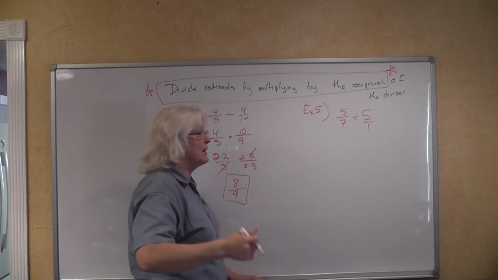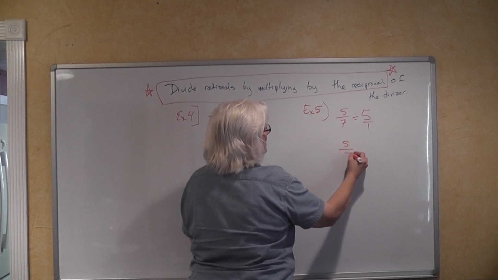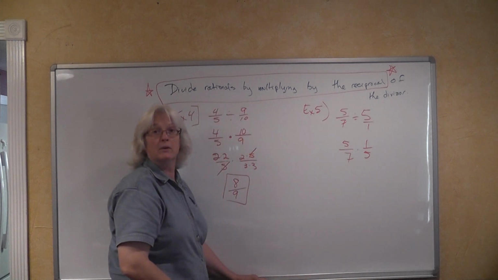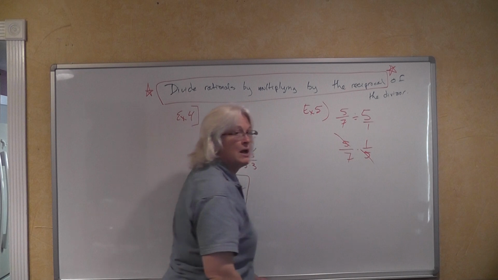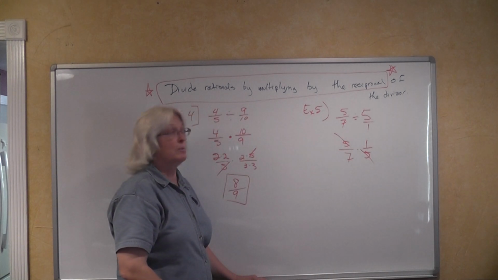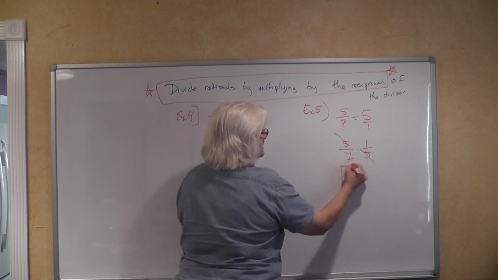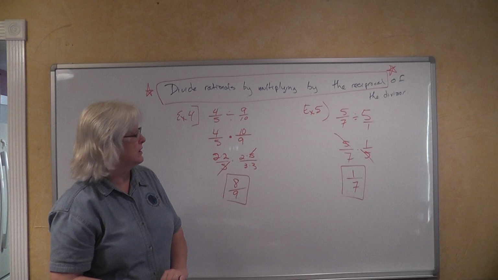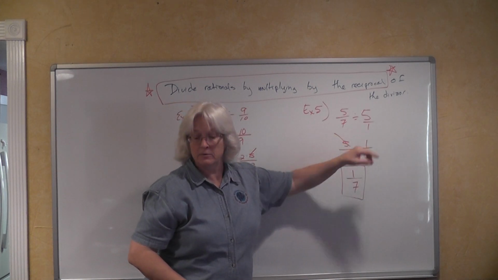Now that's just your reminder that the reciprocal of 5 is 1/5. 5/7 times 1/5. We're going to look and cancel common factors. We have a 5 in the numerator and the denominator, so they go away. And we're left with 1 over 7, or 1/7, which is the quotient of 5/7 divided by 5.